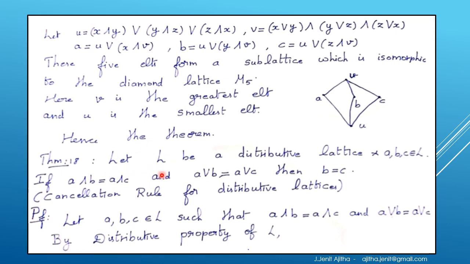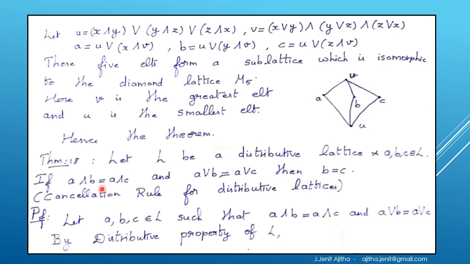And another important theorem is named the cancellation rule for distributive lattices. For a distributive lattice L, for any a, b, c belonging to L, if a meet b equals a meet c and a join b equals a join c, then b is equal to c.